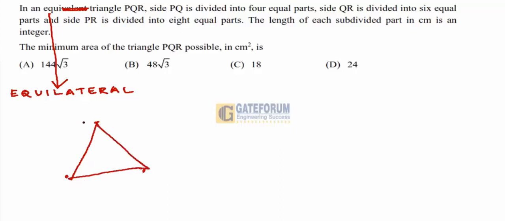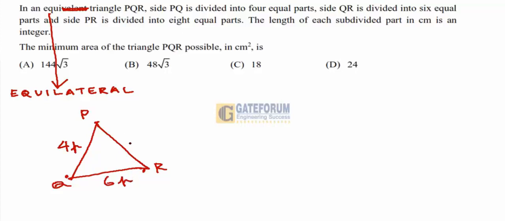Let us suppose this is our equilateral triangle P, Q, and R. Equilateral triangle means all the sides are equal. So side PQ is divided into 4 parts. So this is divided into 4 parts. Side QR is divided into 6 equal parts. All of these are equal parts.